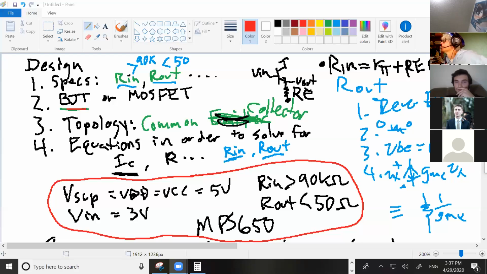When you have Vx across the current source, you change it to a resistor of 1 over GM. I didn't explain that very well, but... No, good job.